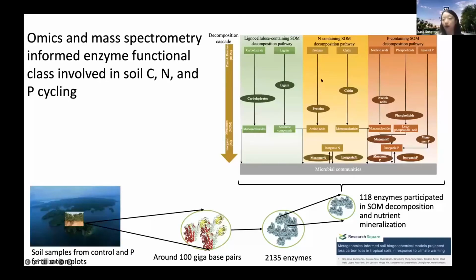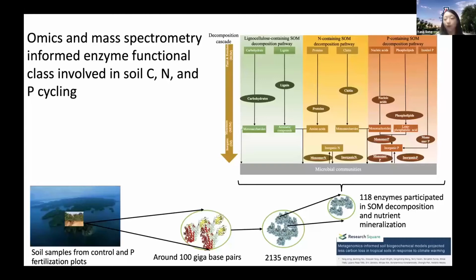We also grouped the enzymes that catalyze large protein compounds into smaller amino acids. Through this approach, we can simplify the complexity of the omics data. Here we also use mass spectrometer information to better identify these pathways and whether those enzymes really play a role in those different pathways. So that's our starting point.